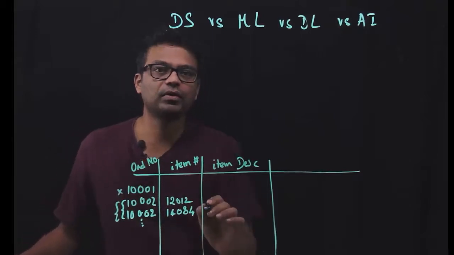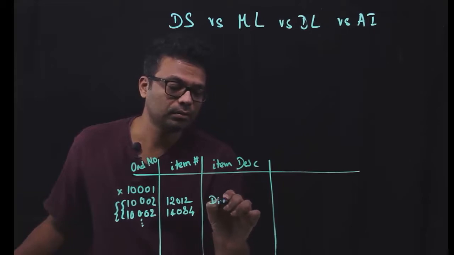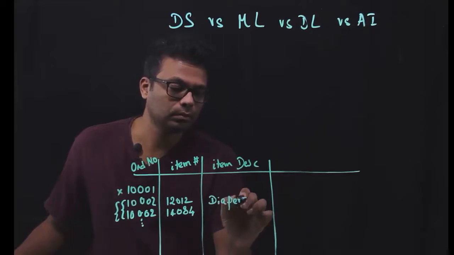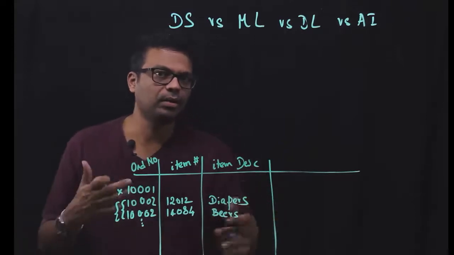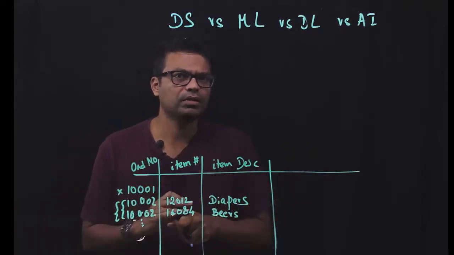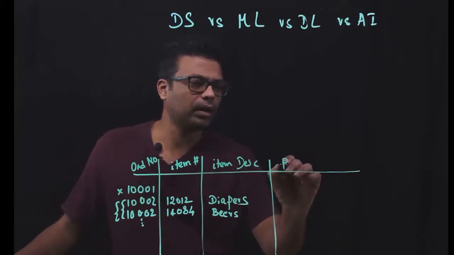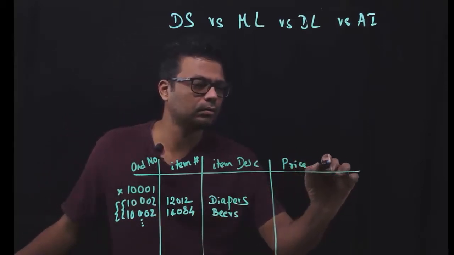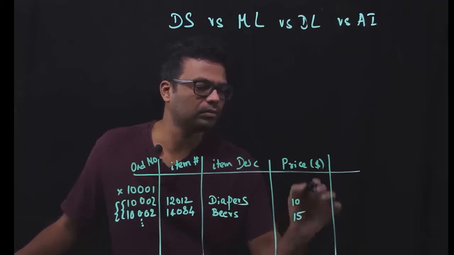The description of this item is going to be, say, diapers and beer. This is actually a classic case, a combination of beer and diapers. We'll revisit it in a bit. And then there's price, right? Diapers is say $10 and beer is, let's say, $15.